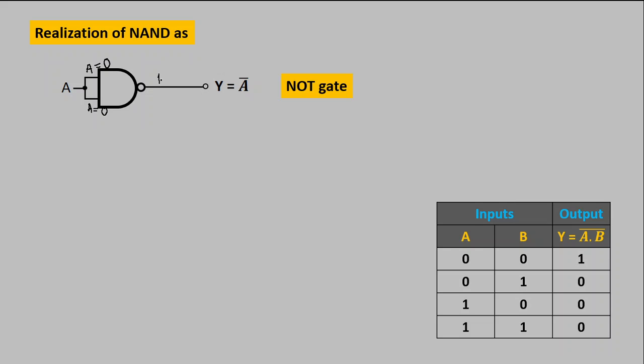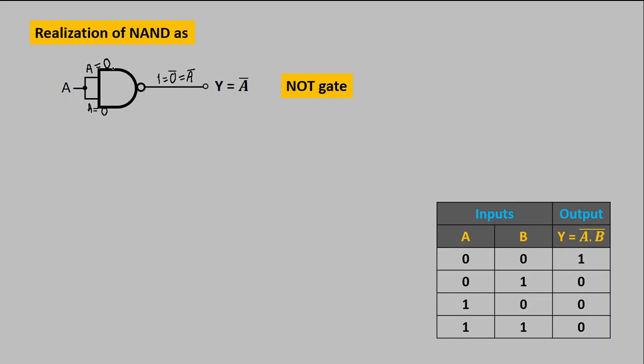This output 1 is nothing but the complement of 0, which is A complement. A was entered as 0. So this is what happens when A is equal to 0, and what you get is A complement.